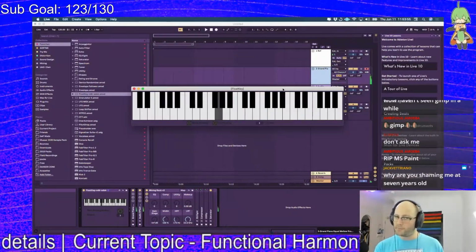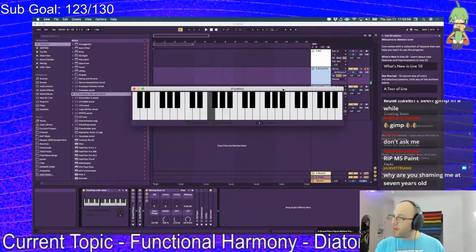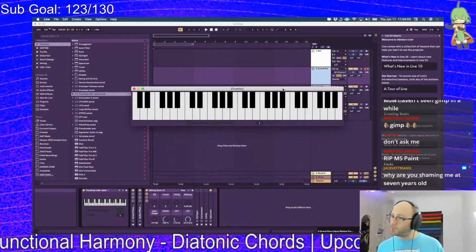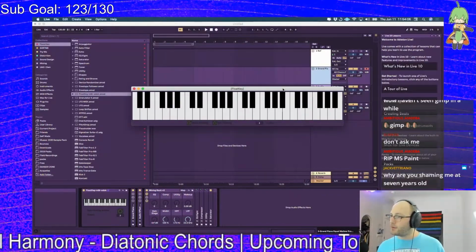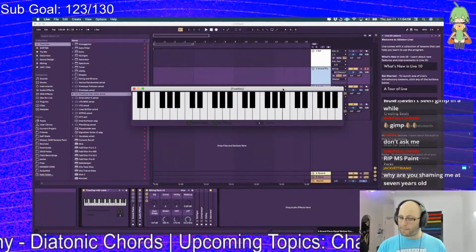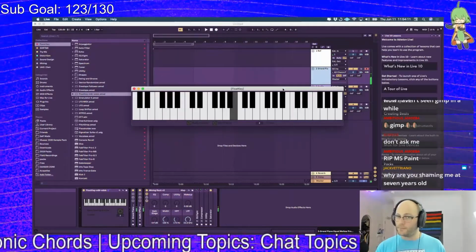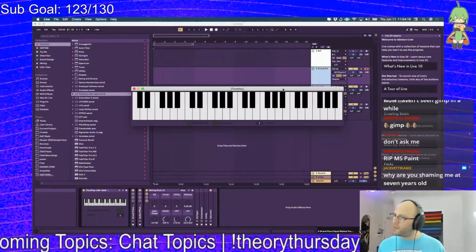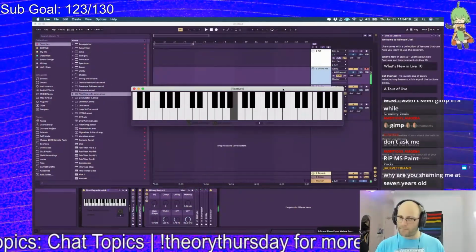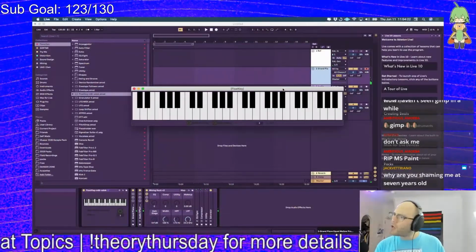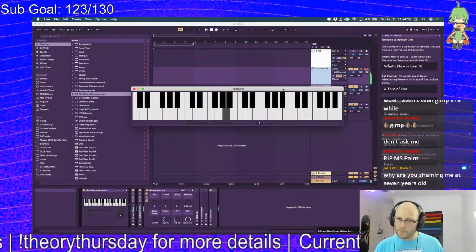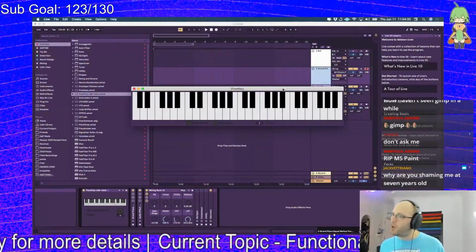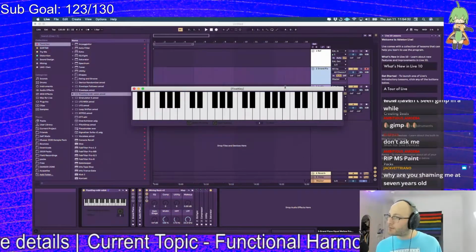So when we go down, the subdominant is 1 whole step below the dominant. The leading tone is 1 semitone below our tonic. Our subtonic is 2 semitones below our tonic.